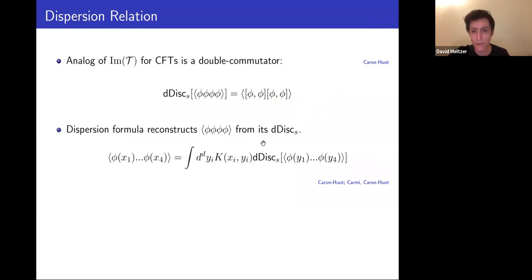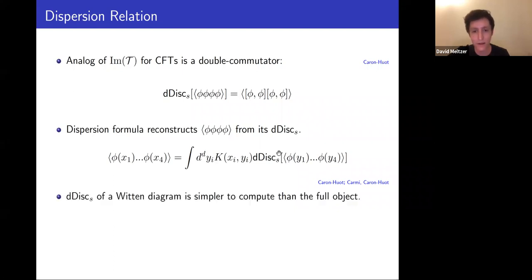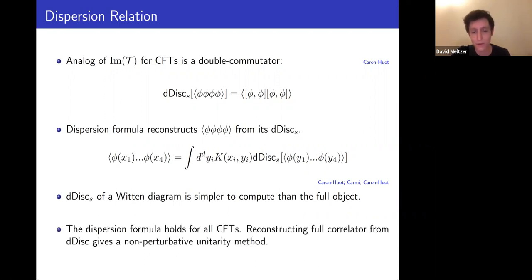On a practical level for us, what's nice about this dispersion formula is that the double discontinuity of a Witten diagram is simpler to compute than the full object. But I want to emphasize also that this dispersion formula holds for all CFTs. So reconstructing the full correlator from its dDisc is really a non-perturbative unitarity method, and it works at weak coupling and finite coupling.